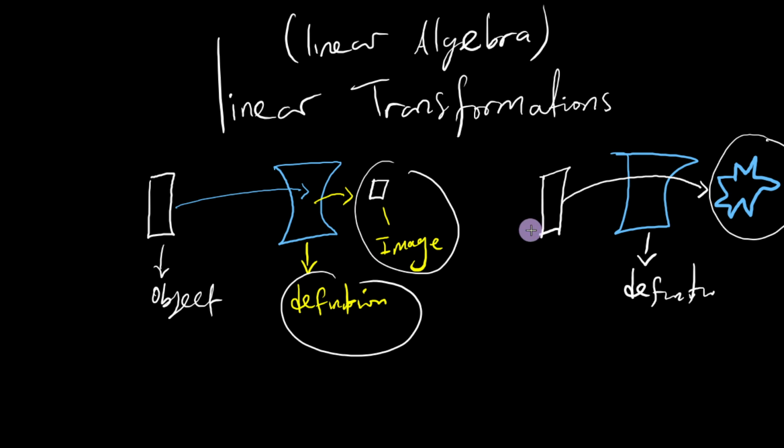What we're going to do is just determine if the definitions given are definitions of linear transformations. So we're just going to look at the definitions given and consider if that definition is a linear transformation.